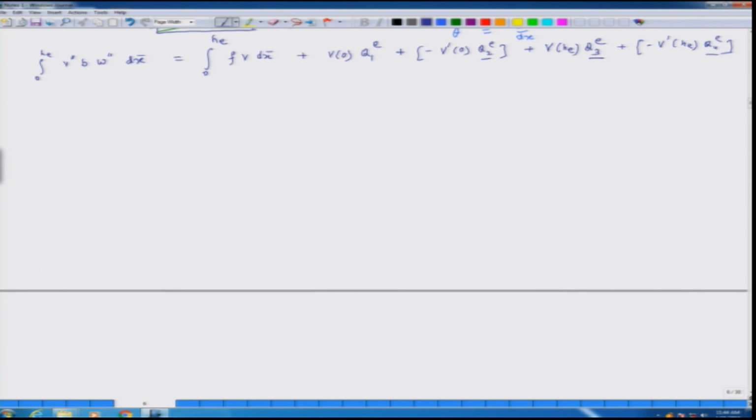So, q1e equals B W prime prime, its derivative evaluated at 0, Q3E is negative of B W prime prime, the whole thing differentiated at HE, and then Q2 and Q4 are shear forces.